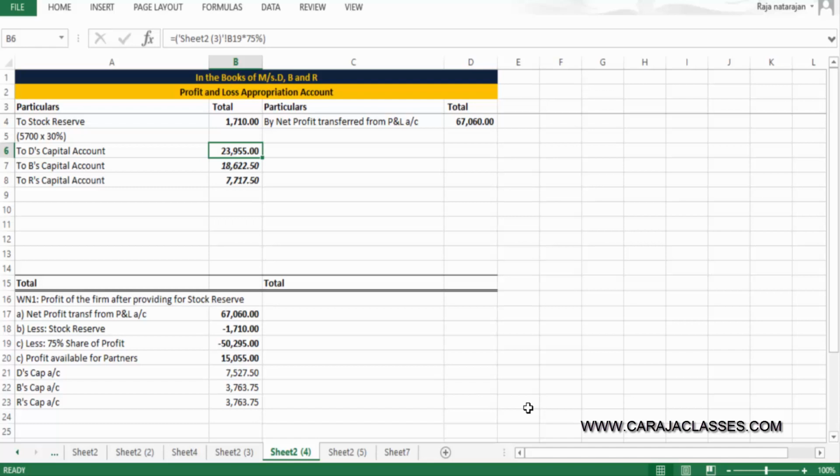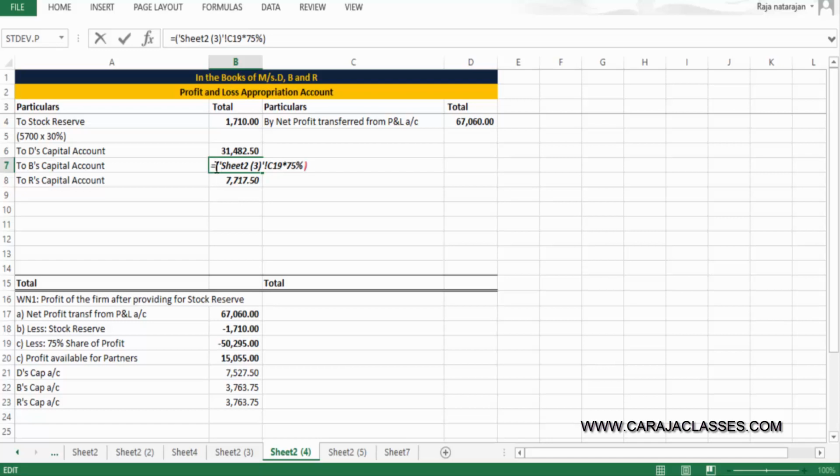Let me avoid the circular reference by just typing this. It's going to be 7,527.50. So I'm keying in now. Fine, so I get 31,482.